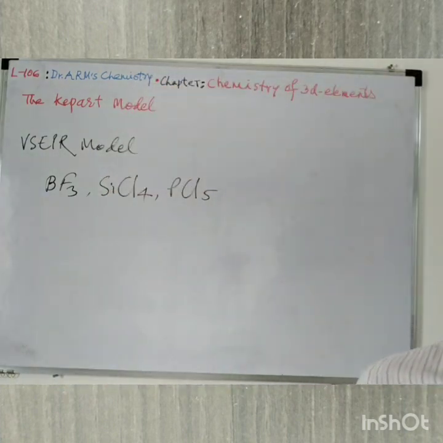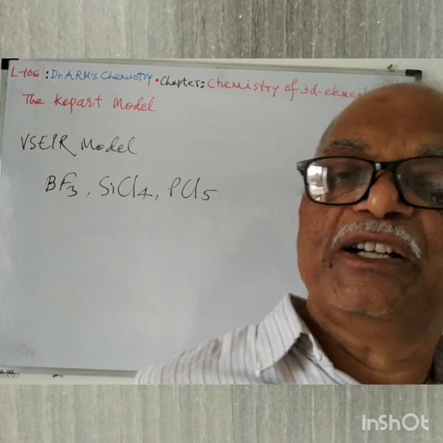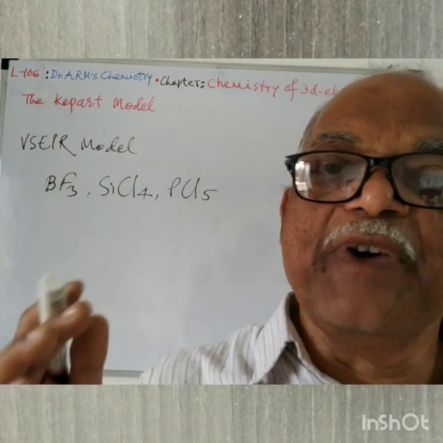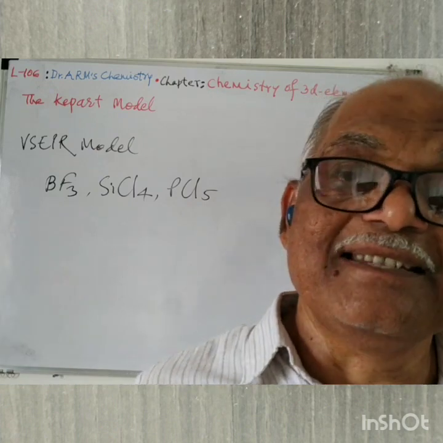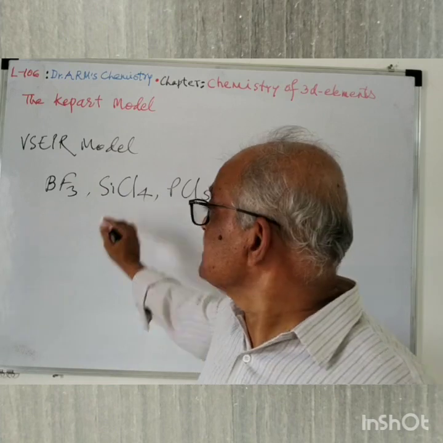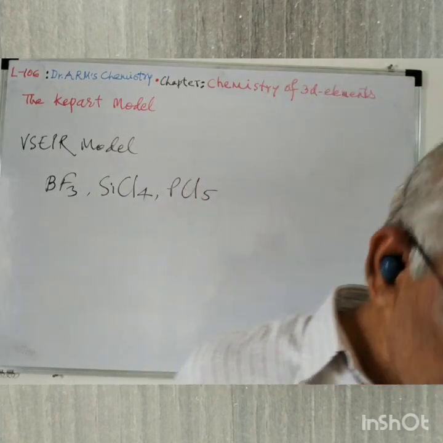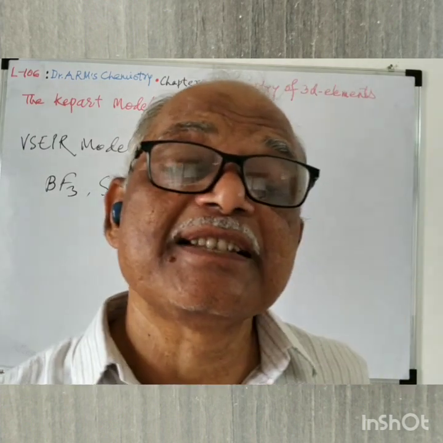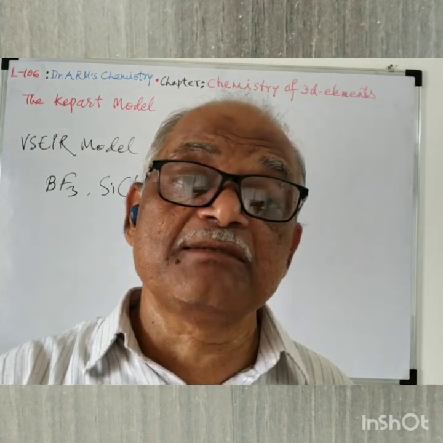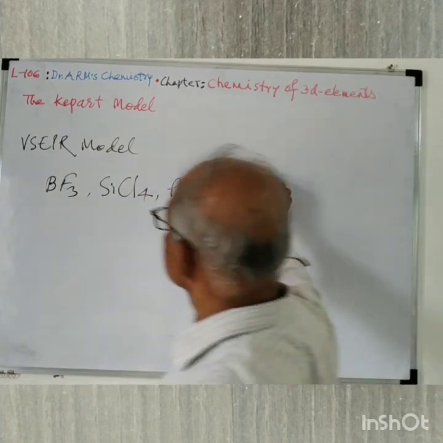It predicts that the varying electronic structure is responsible for the varying geometrical arrangements of atoms around the central atom. So this is the VSEPR model, observed in P block elements.